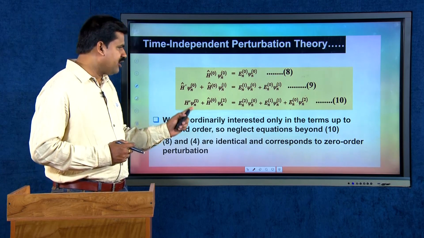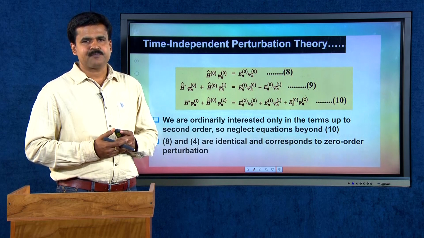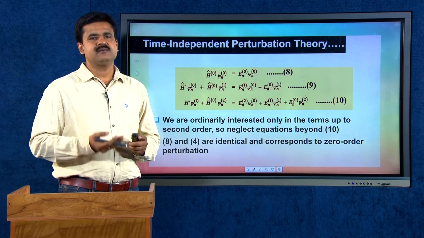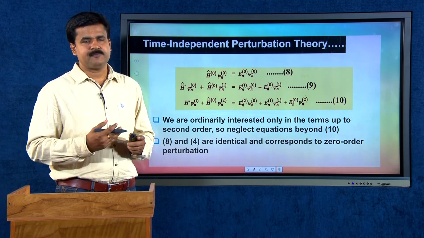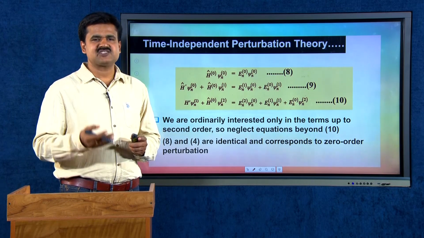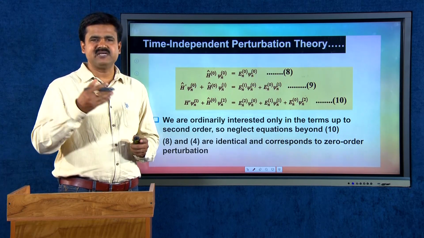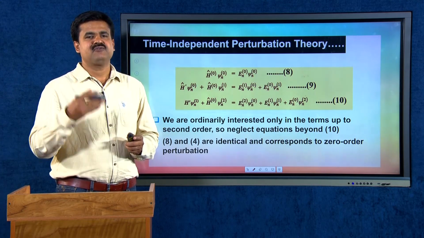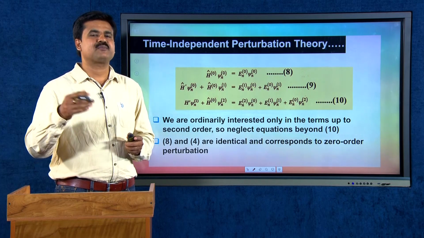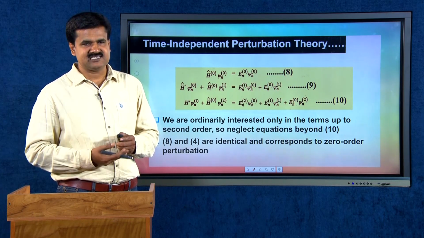We are ordinarily interested only in the terms up to second order, and we are generally neglecting equations beyond 10. That is, we are avoiding the contribution from third order correction, fourth order correction, and higher order corrections. And in perturbation theory, we are generally proceeding up to second order correction to wave function as well as energy.